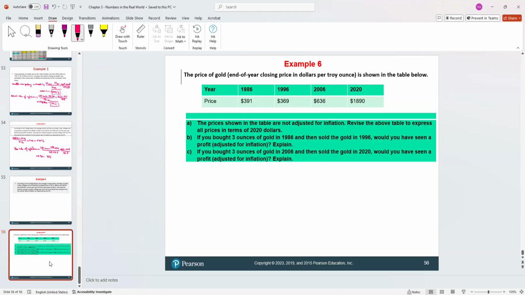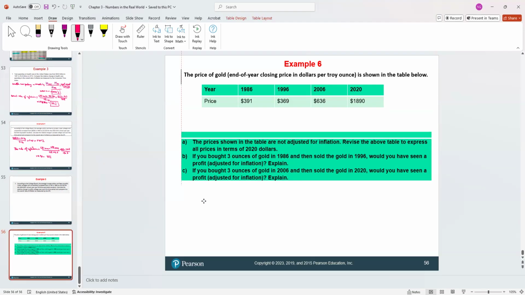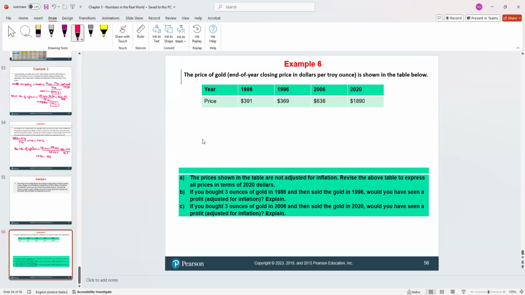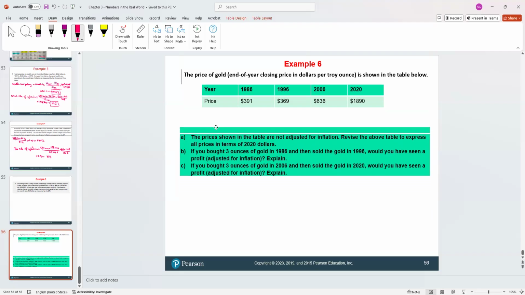So if you want to revise them and make them for 2020, the first thing to do in this table is to compare each of them. I can do it for 2020.